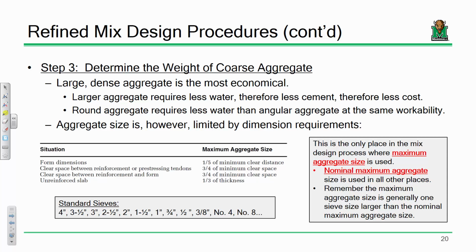Now, before we start determining the weights of coarse aggregates, we kind of have to do this anyways, but since we're talking about gravel, this is a really good place to do it. We need to determine whether or not the gravel that we are using is going to be appropriate for a given application. Now, what I mean by that is this.